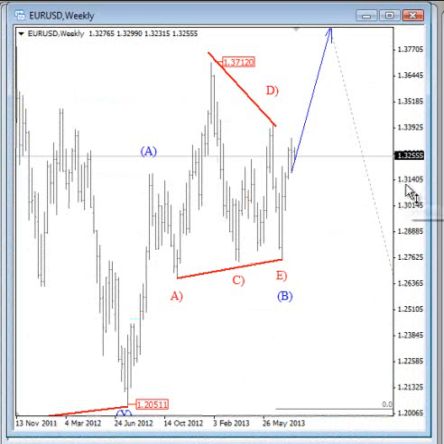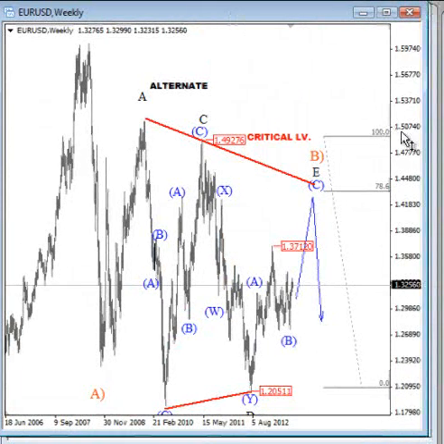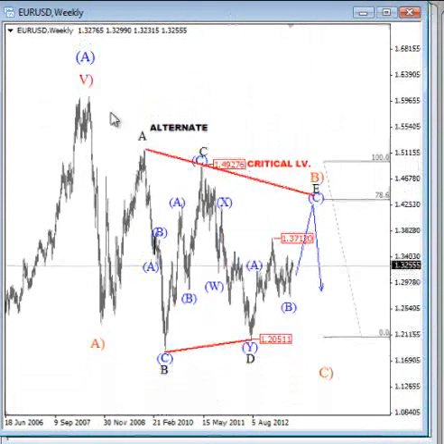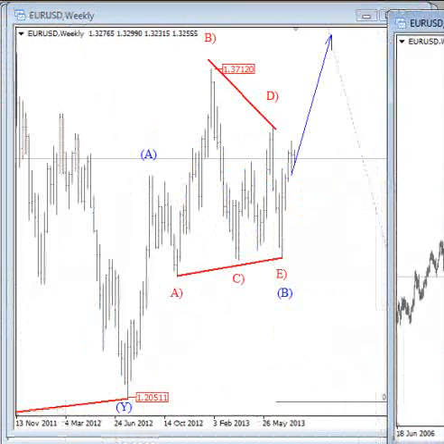So this would then be our wave count. Still a triangle in this wave B, and in such a case we would be looking for higher levels in wave E, a much more complex and longer wave E than in the first place.